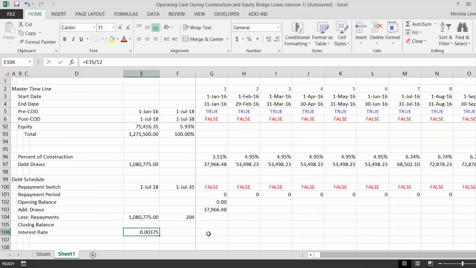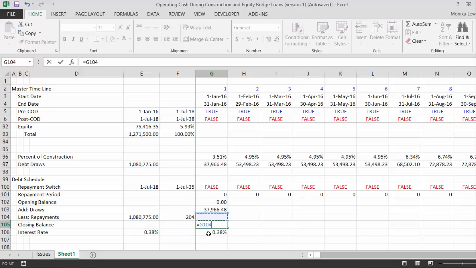Okay. And so, okay. Closing balance is why I'm doing it now. I don't know. Okay. And this is PPMT.